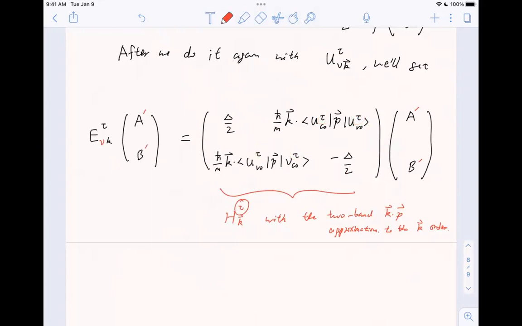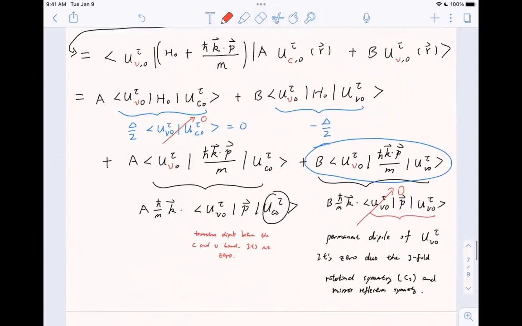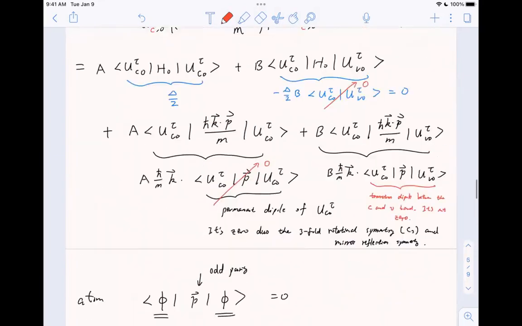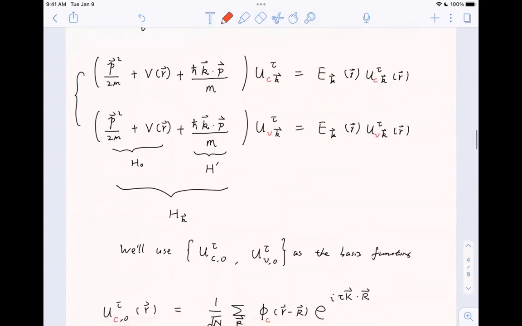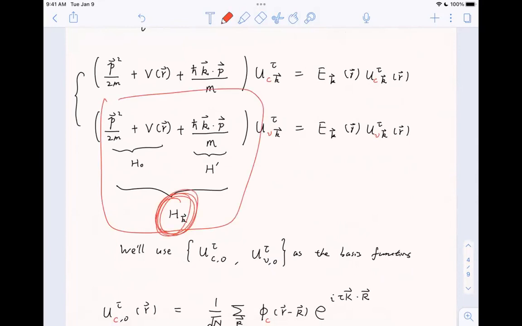But what is the difference between this HK and the other one? Originally, we also said this one, right? So what is the difference between this one and the one that I showed you? There's a difference. This one, let me see.